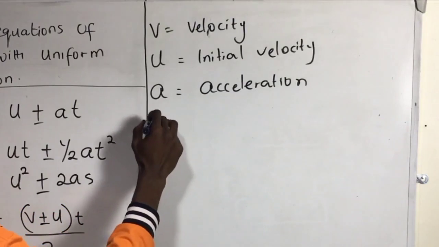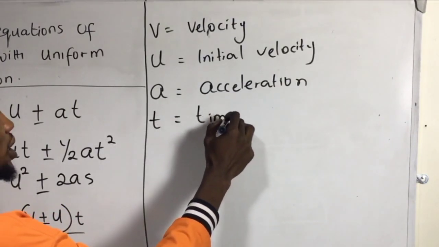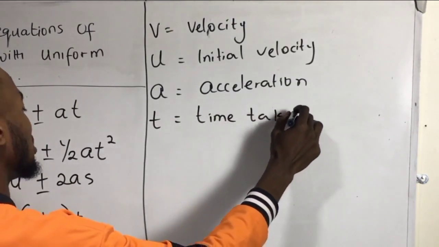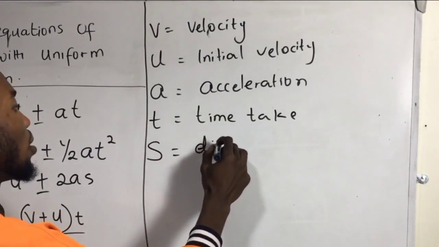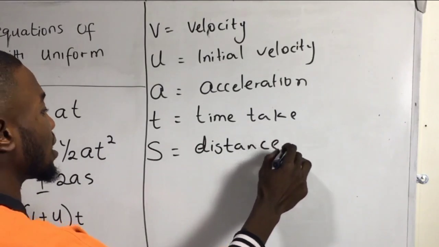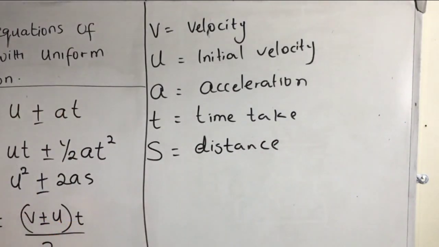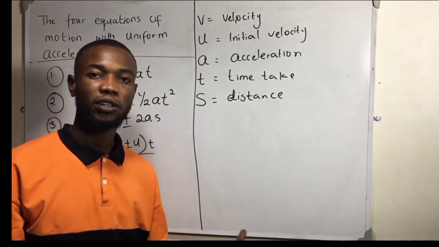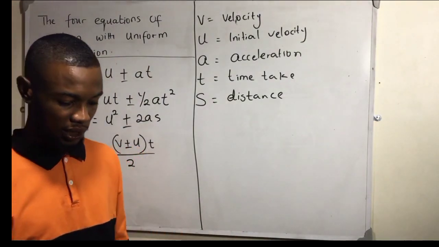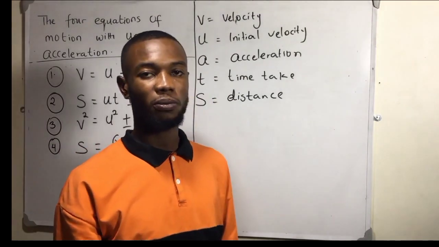And t is the time taken for this to happen. And s is the distance of the body. These are the parameters we are going to use in solving uniform acceleration of a body.